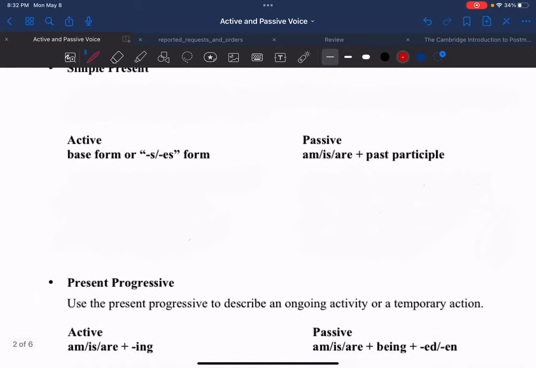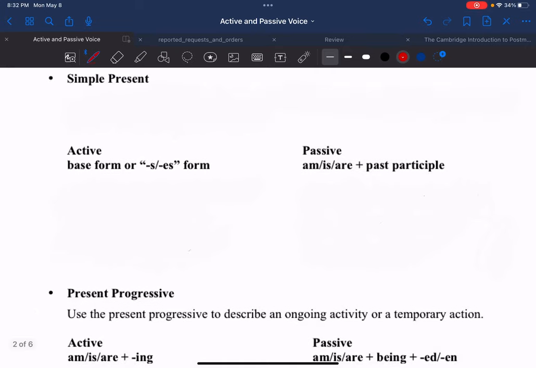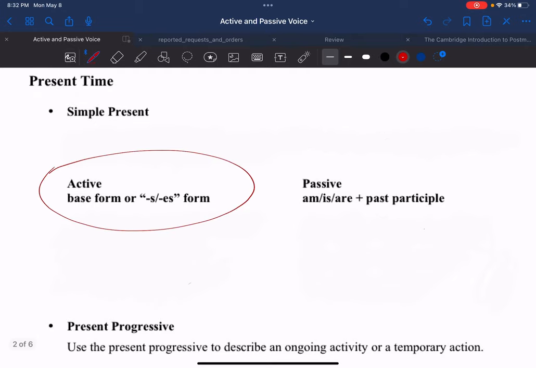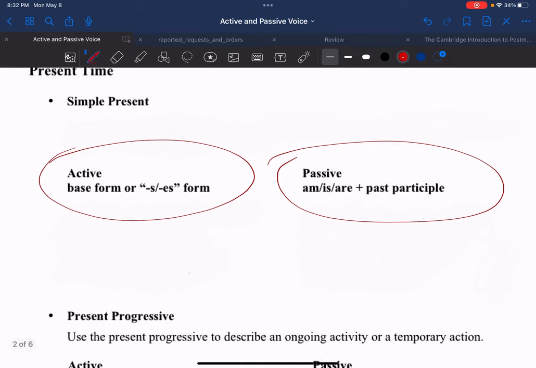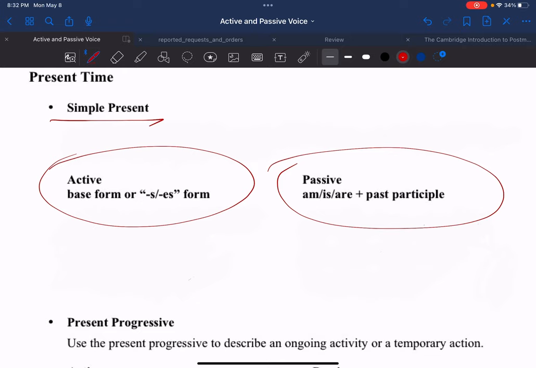Now, these are all their active and passive rules. In a case like this, you have present simple, first one out of the presents. For the active state, we're going to use a very, very generic sentence.